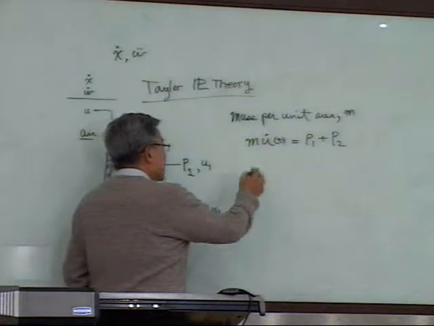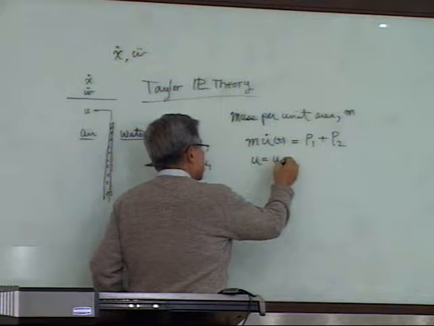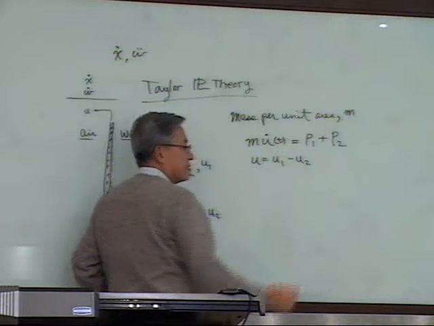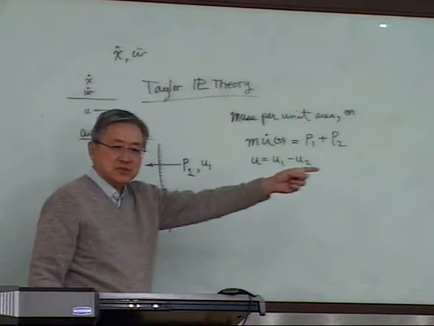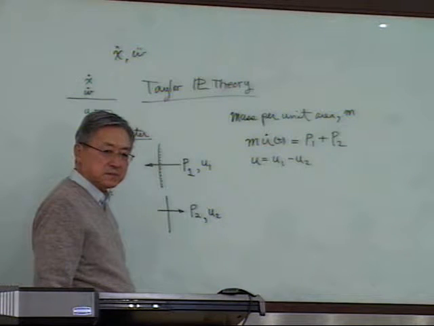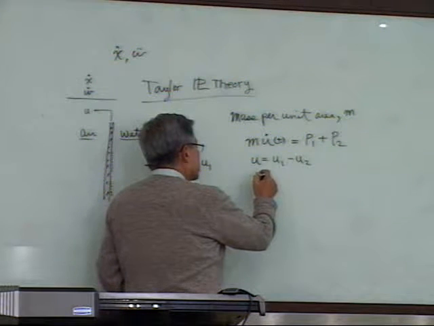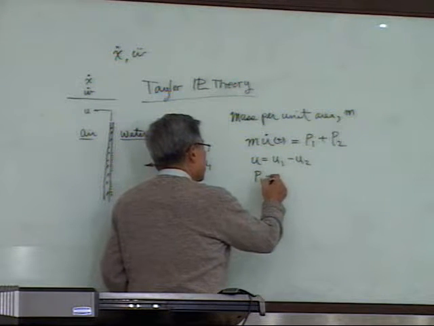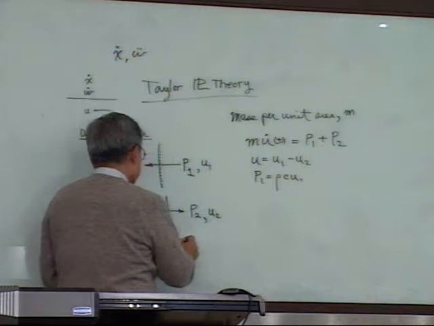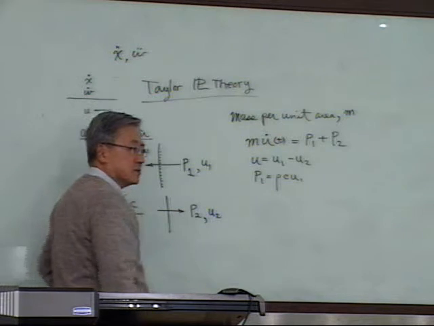Then a very clear interface condition is U is U1 minus U2. I'm going to have to put the arrow because direction is concerned, in the horizontal direction. Another relationship you know is P1 is rho C U1. Rho C is what?